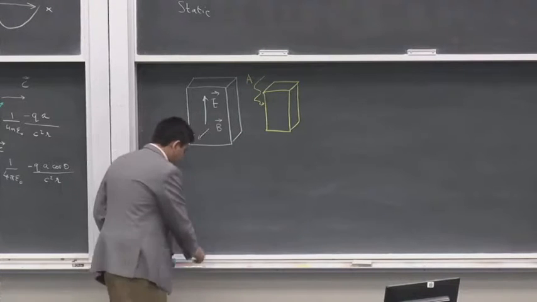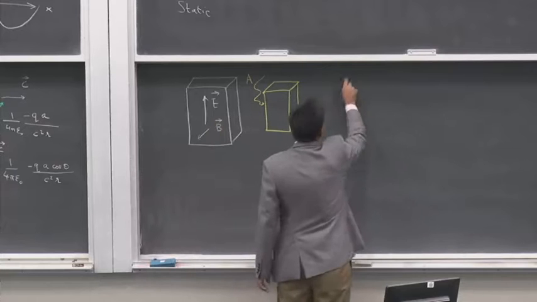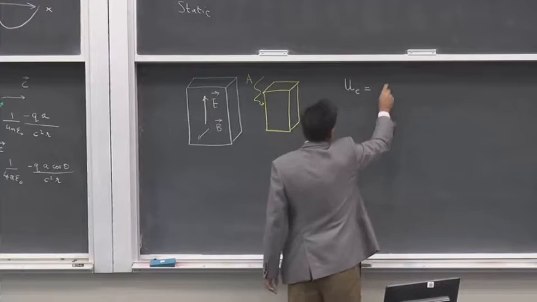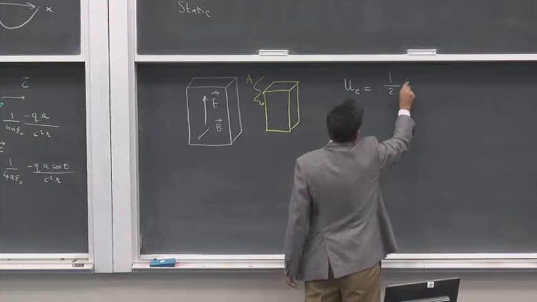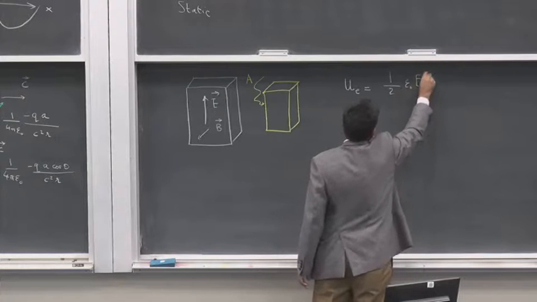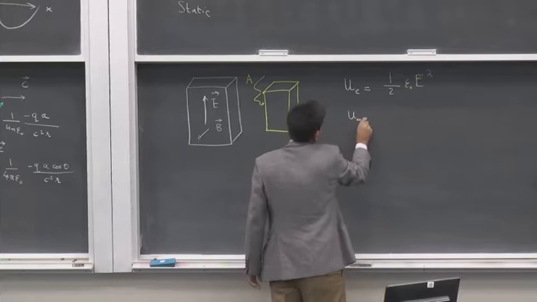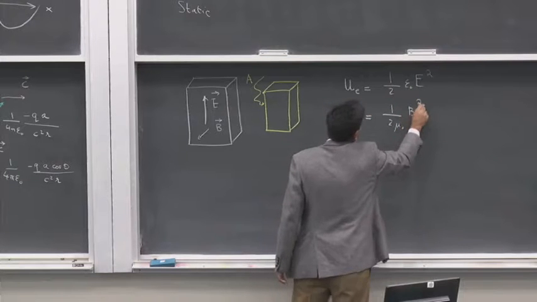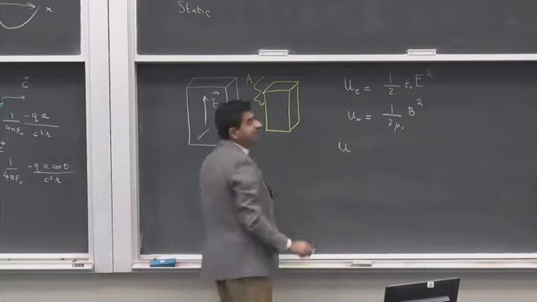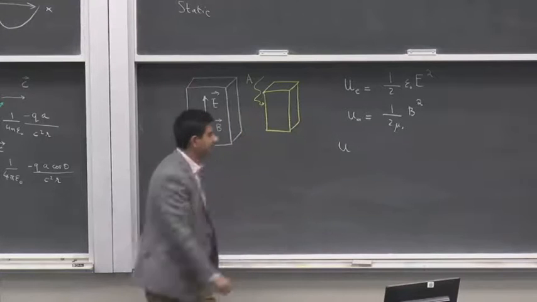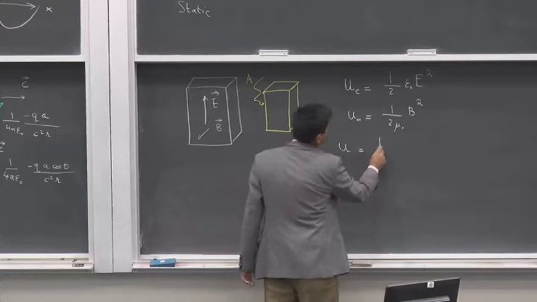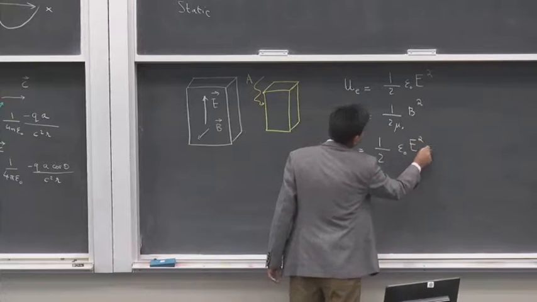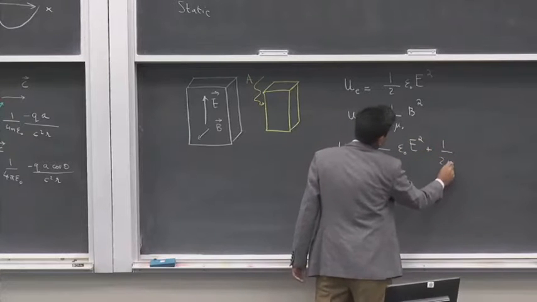Alright. Now I know that inside a volume of space, there is an electric energy density of half epsilon naught E squared, and a magnetic energy density of half mu naught B squared inverse. So the total energy inside space due to electric and magnetic fields is given by 1 over 2 epsilon naught E squared plus 1 over 2 mu naught B squared.